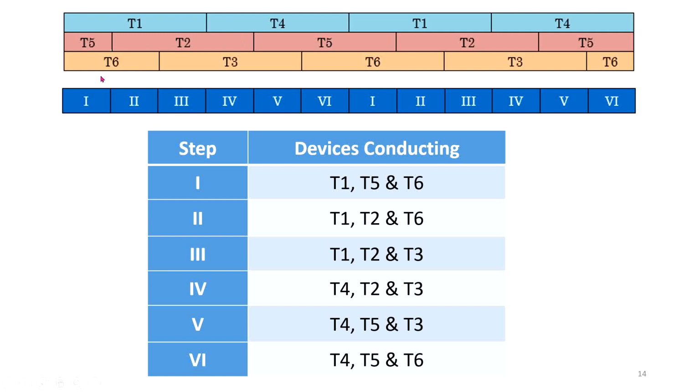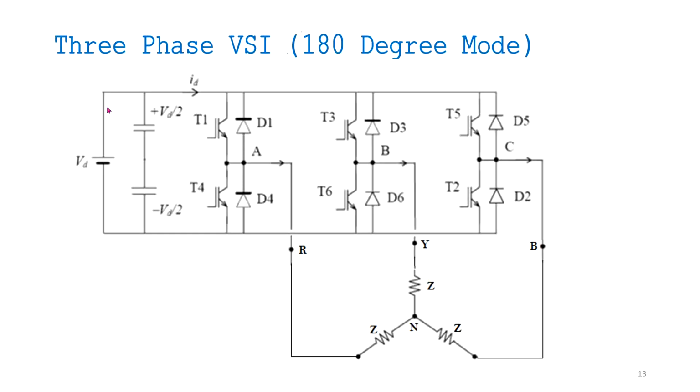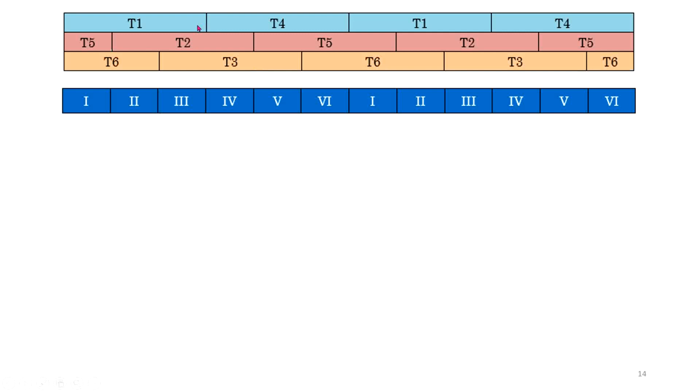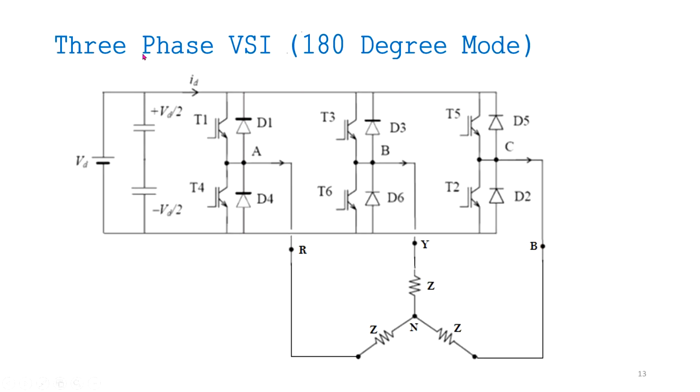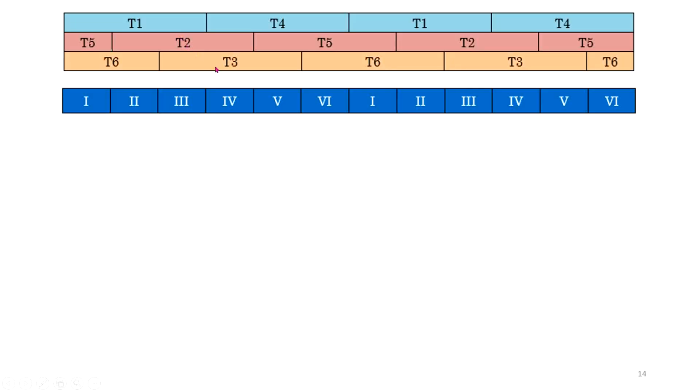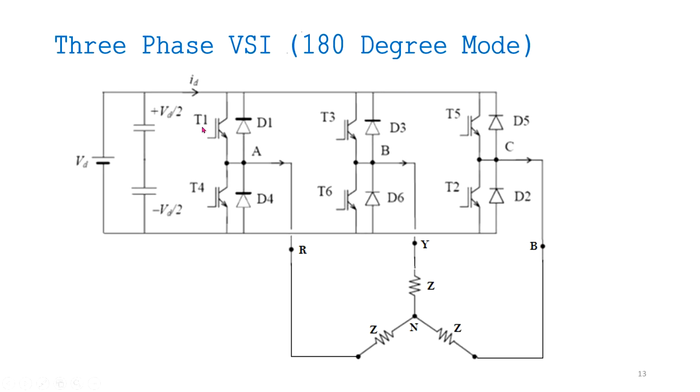You already understand. T1, T5, T6 is the first sequence. Similarly, T1, T2, T6. And T1, T2, T3. This is a conduction sequence.